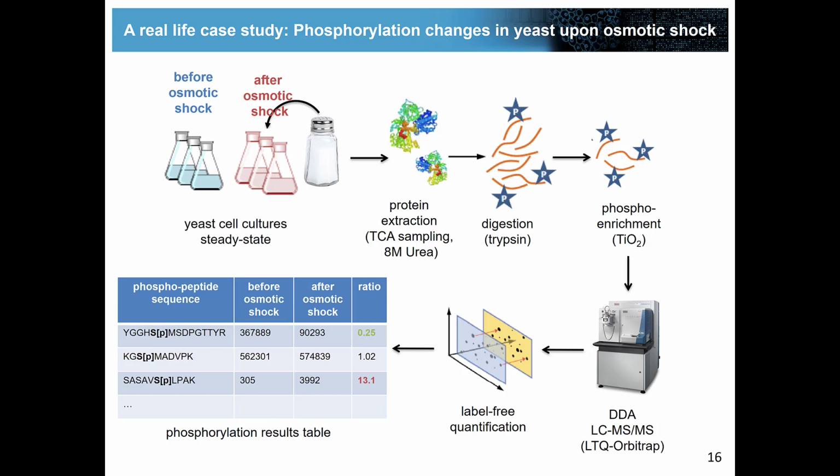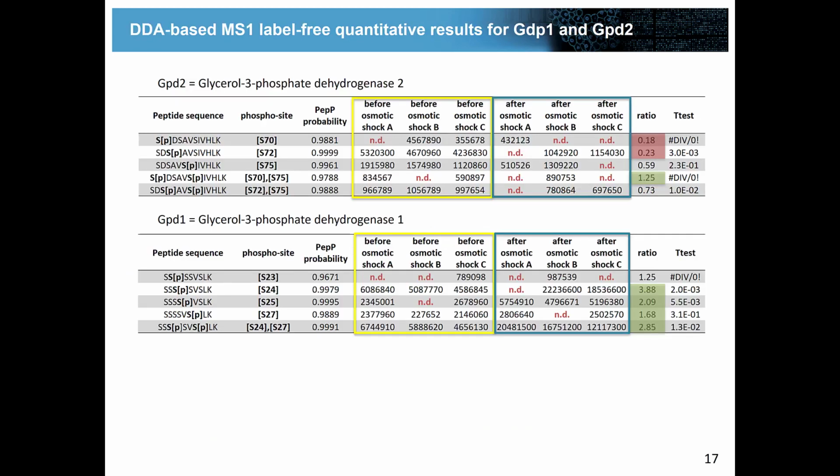What you see here on this slide is some sections from this original quantitative results table that I generated that day. For 2 different peptide sequences, one coming from the protein GPD2 and the other from the protein GPD1. What was special about these 2 peptide sequences was that they occurred multiple times in my results table in various different isoforms.